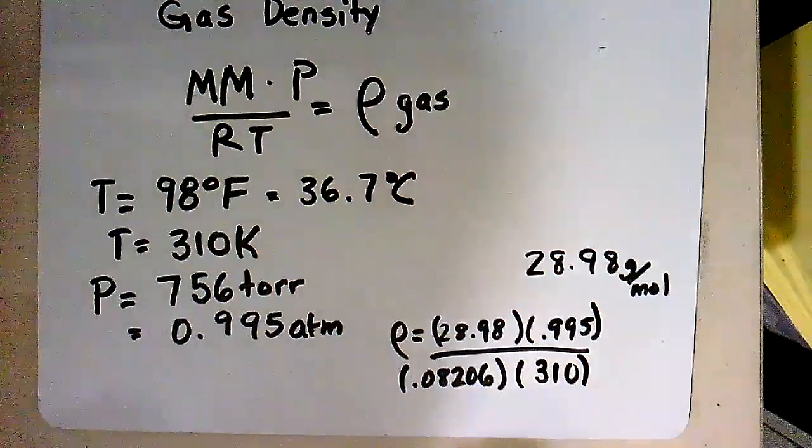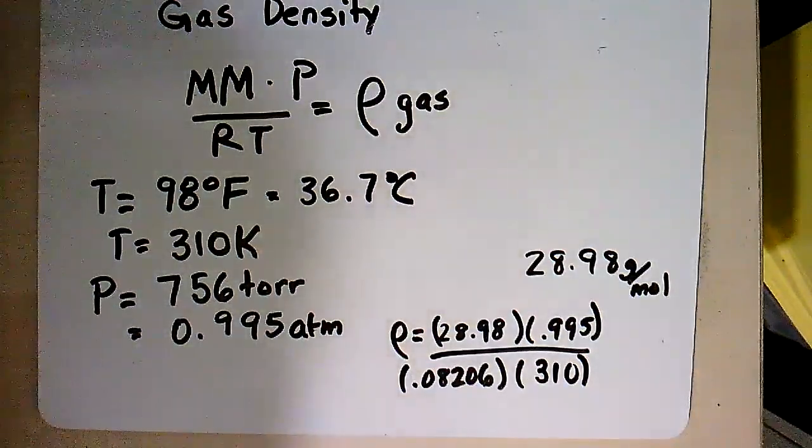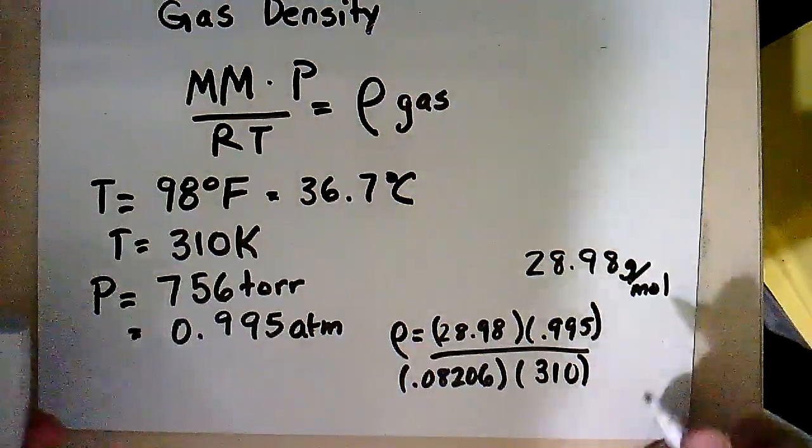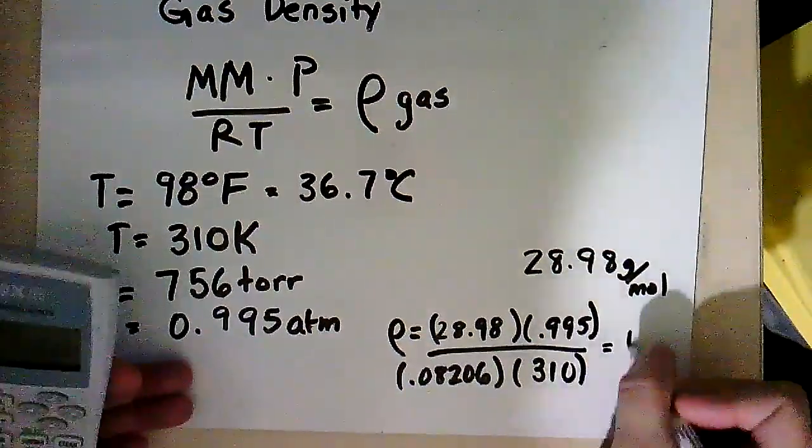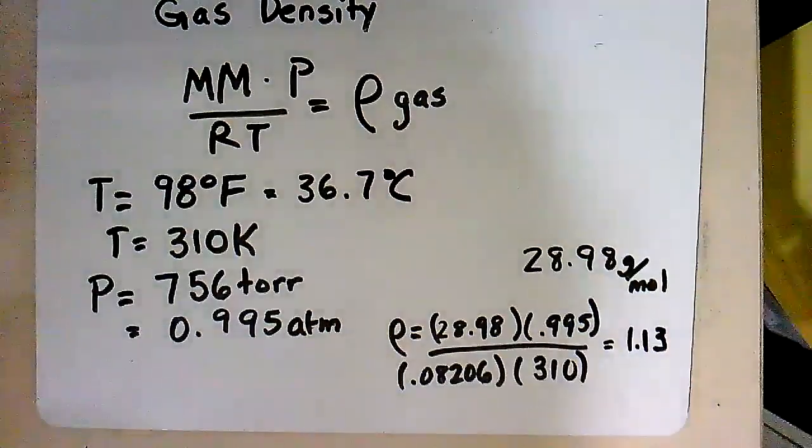So again, pause the video anytime you want and try to work ahead so that you can see if you're understanding. And I'm punching out on my calculator now. And here we go. So I end up with a density of 1.13.